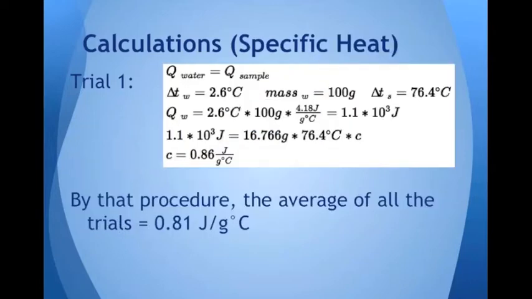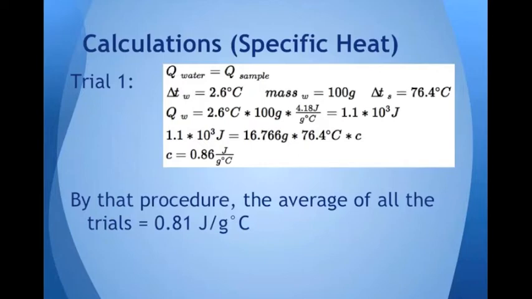The formula for calculating specific heat is Q equals mc delta T. What we did first was find the Q for water in our experiment, which we did by using its mass and delta T and specific heat to solve for Q. We used the same Q as our Q for the sample because we let the sample and the water equalize in the calorimeter.